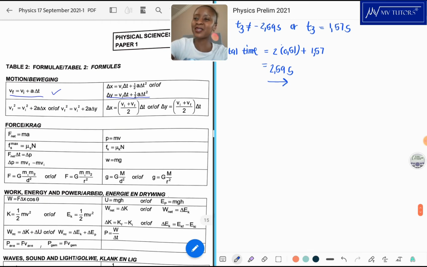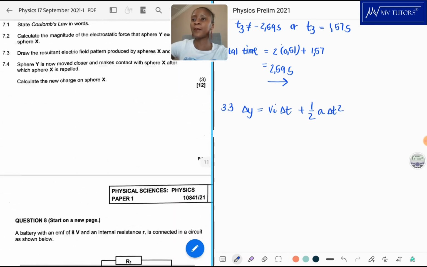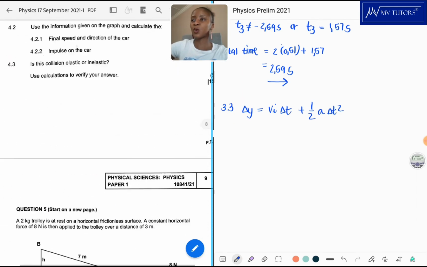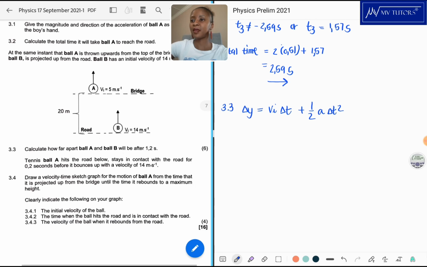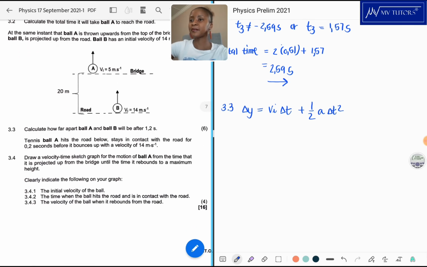So it's the same one that we used previously. It is going to be delta y is equal to initial velocity times delta t plus a half acceleration delta t squared. I will be using this equation for both these balls.